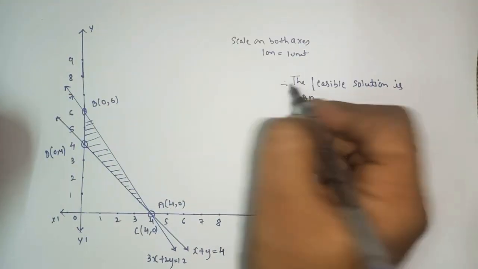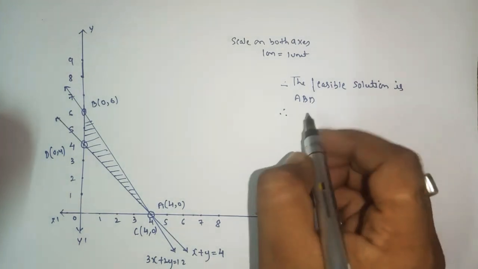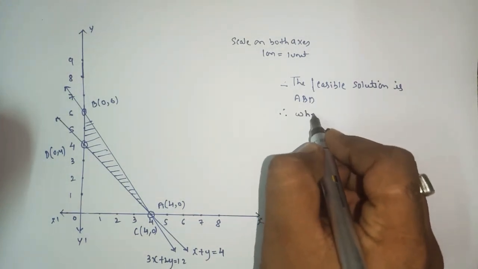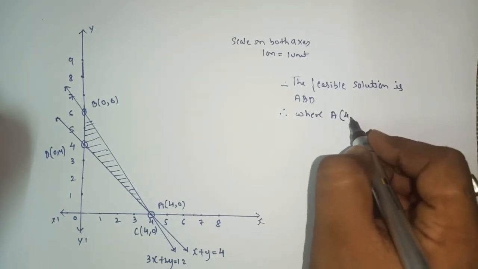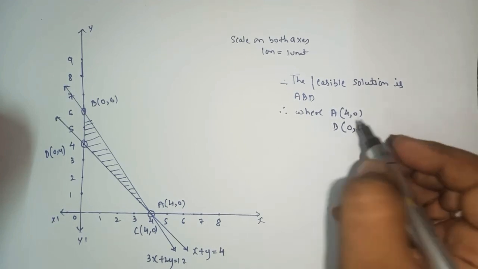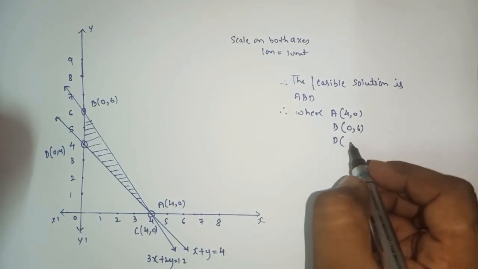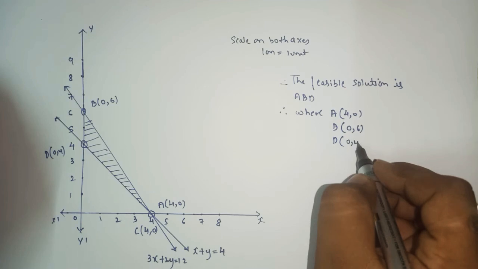Okay, so after this we'll write the point where A is 4 comma 0, B is 0 comma 6, and D is 0 comma 4.